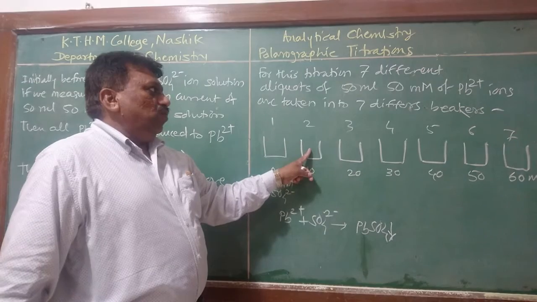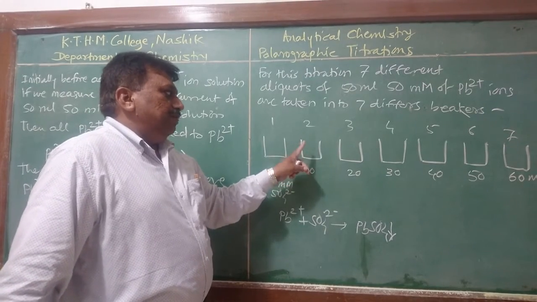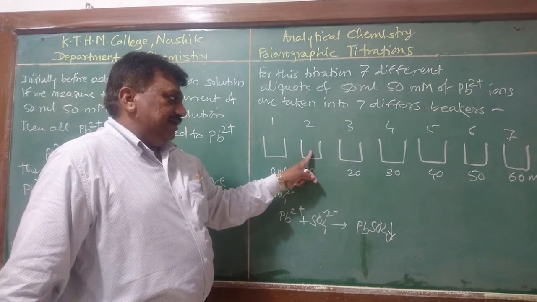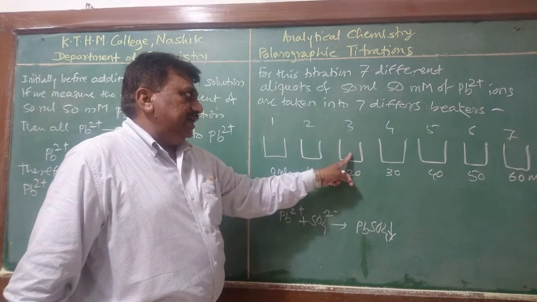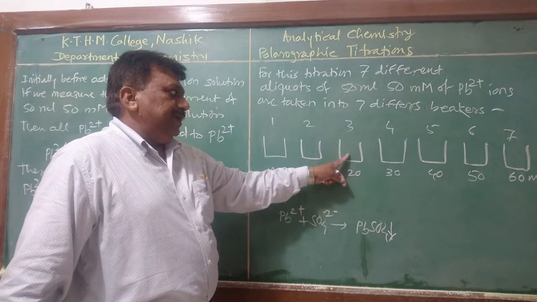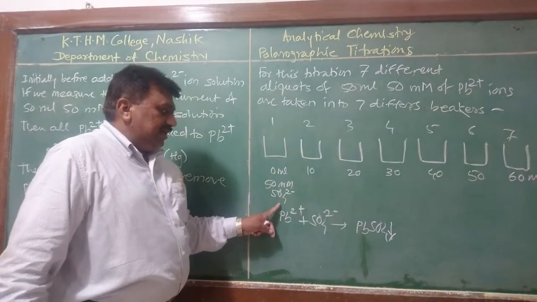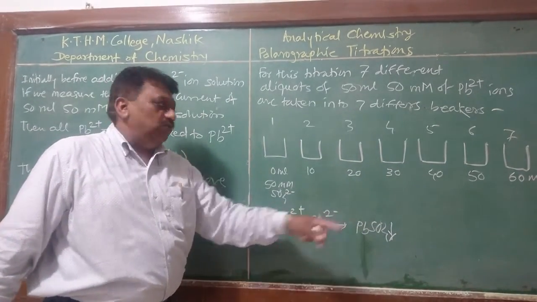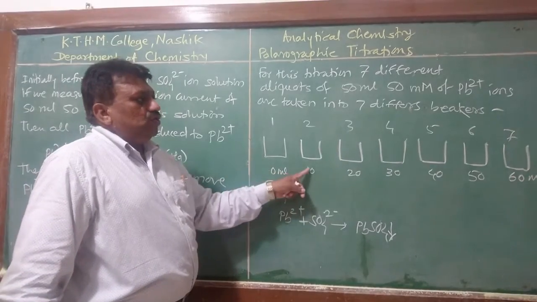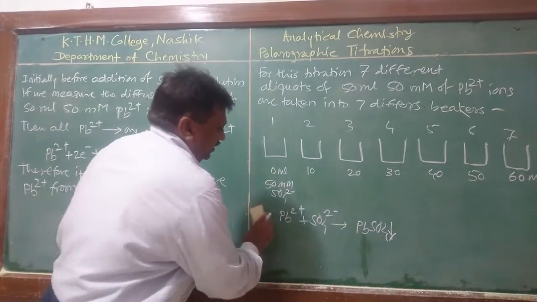This solution contains only 40 ml, 50 millimole of lead ion. This will contain 30 ml, 50 millimole of lead ion, and so on. That means by this reaction lead ions are removed because we are adding 0 to 60 ml sulfate ion.